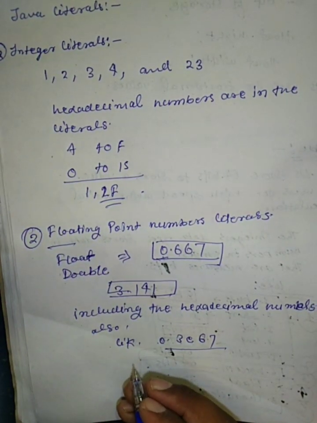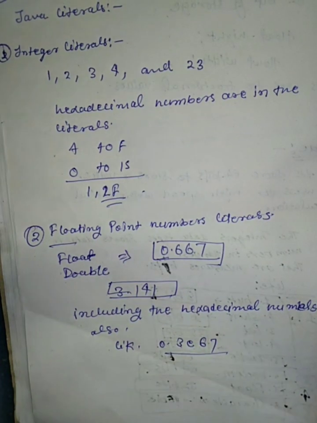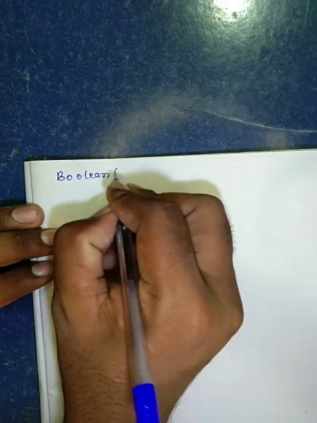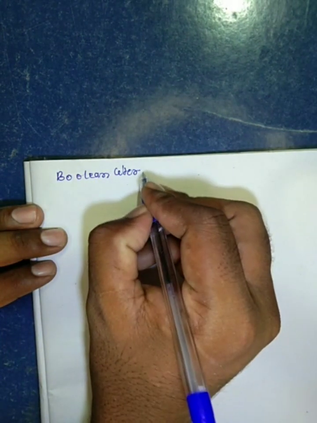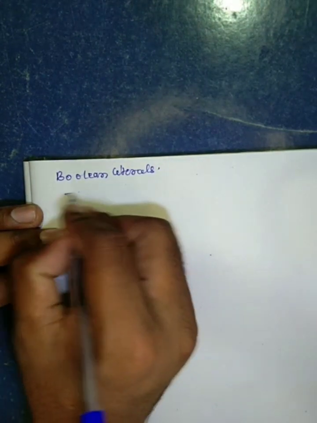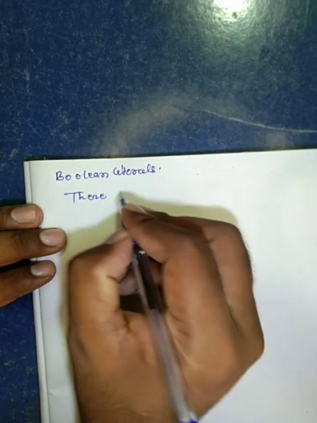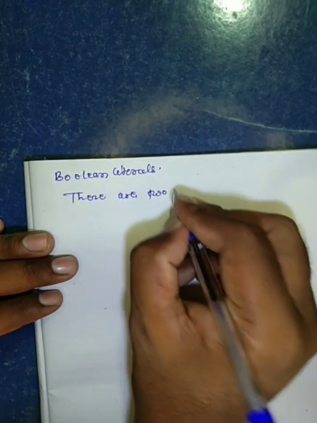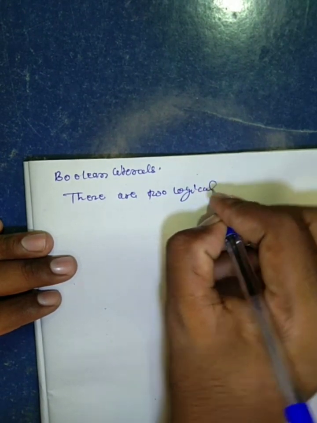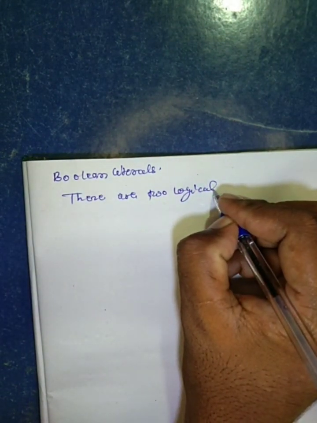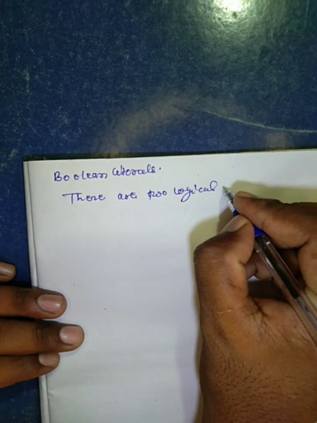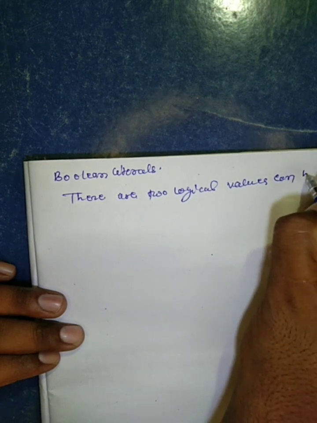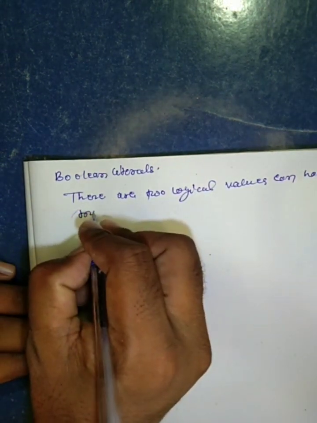Let's understand the next data type literals, that is called Boolean literals. There are two logical values: true and false. Logical values can have true or false.